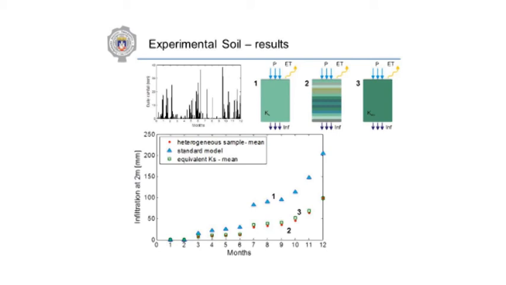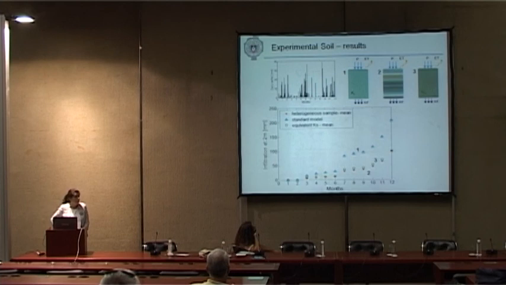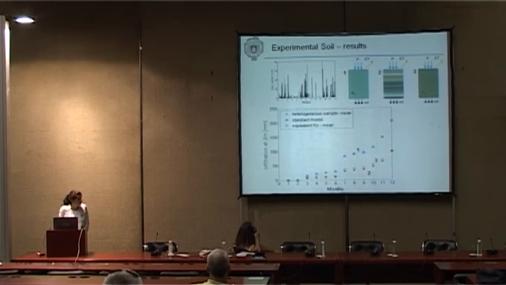Blue triangles show the results of the standard model, red dots show our model, and green boxes show this K equivalent. We see that the heterogeneous sample and its hydraulic equivalent sample have very similar results. However, these results are almost 1/2 of what we get with the standard model.